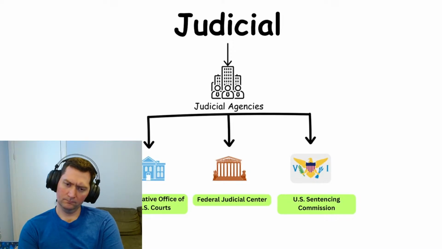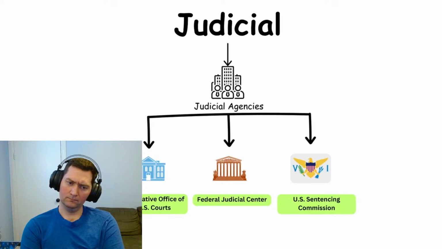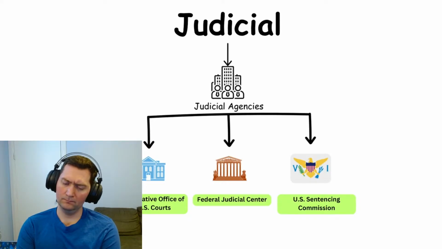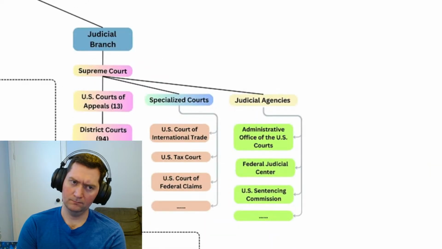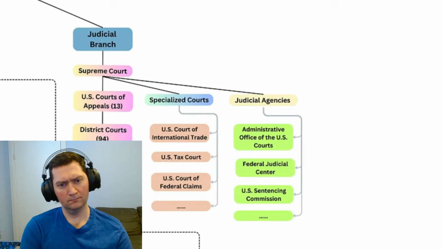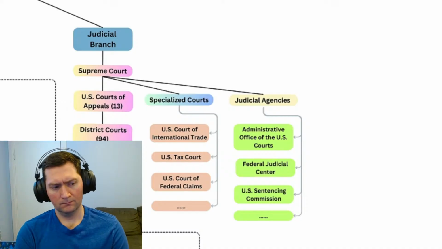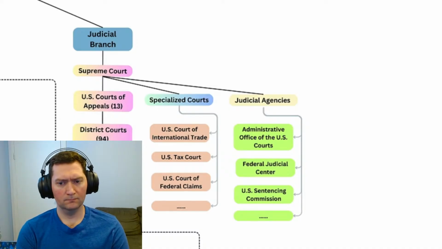Together, these institutions form the backbone of the judicial branch, ensuring that the rule of law is upheld and that justice is administered fairly and impartially. From the district courts to the Supreme Court, the judicial branch serves as a vital check on the power of the other branches, protecting the rights of individuals and safeguarding the principles of democracy.